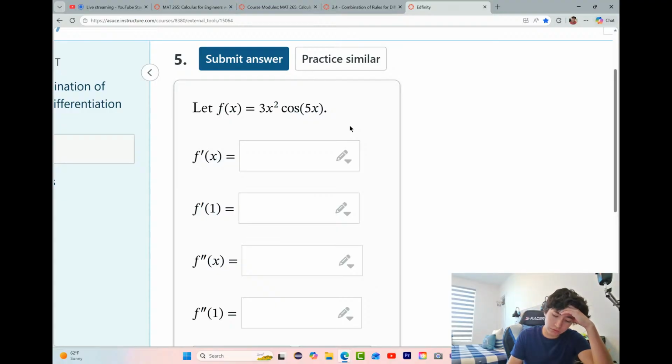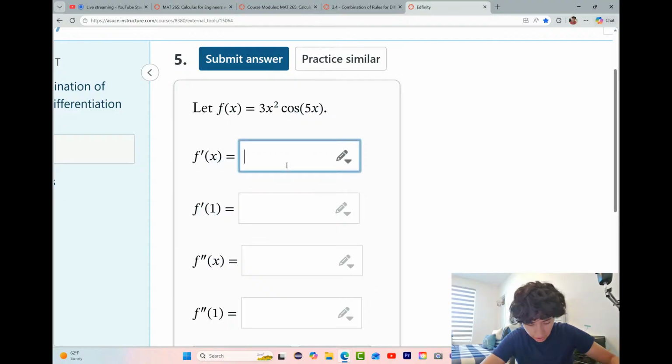Okay. So can we simplify? Yeah. Let's try simplifying. We get negative 15x squared sine of 5x plus 6x cosine of 5x. I don't think we can simplify anymore, but that's pretty good. So we'll just plug that in.